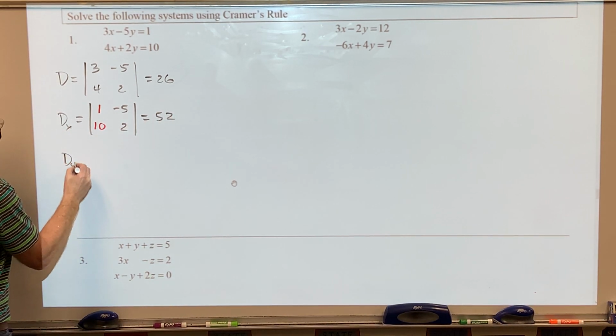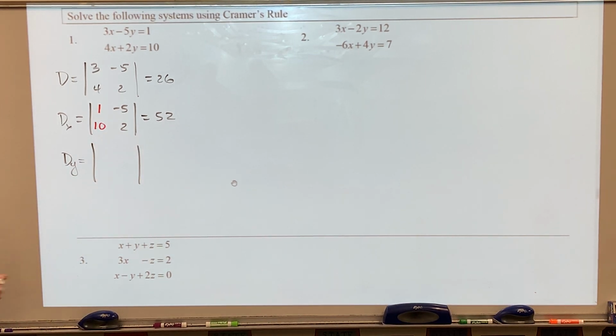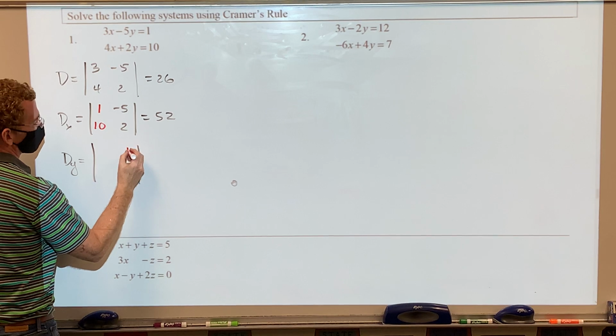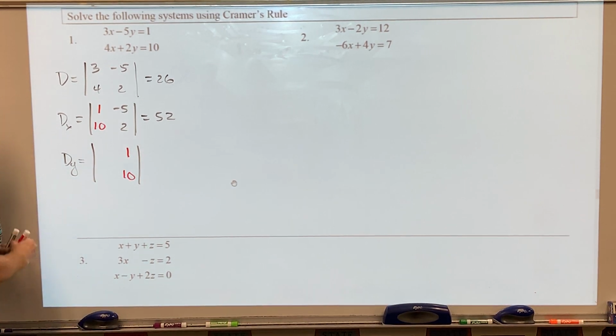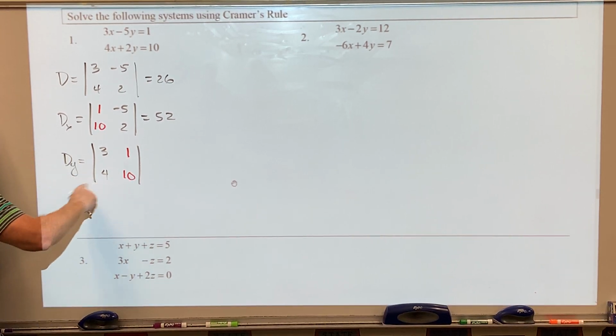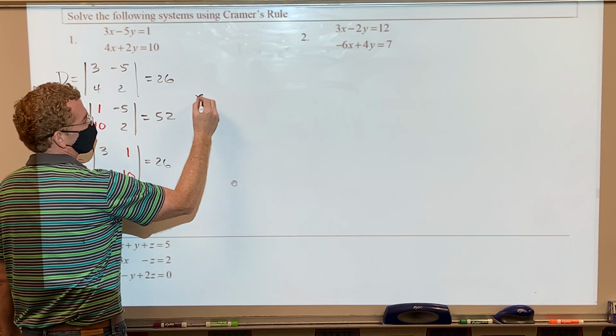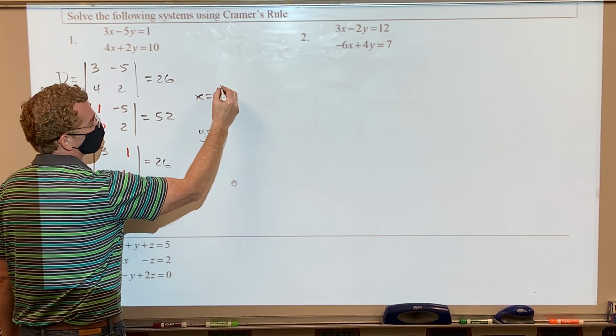And how do I find the Dy? You replace the y coefficients with the constants. So I put the 1 and 10 over there. And you keep the x coefficients the same. And I'm going to keep the 3, 4. And I get 30 minus 4 is 26. And from this, how do I find x and how do I find y?